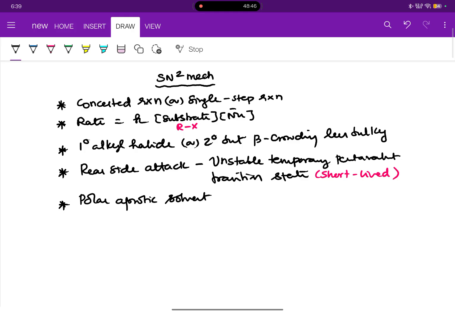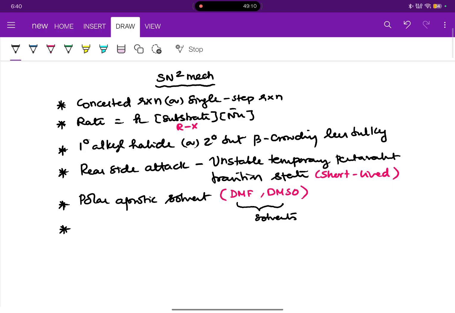For that you can use substances like DMF, dimethyl formamide, and DMSO, dimethyl sulfoxide. Not reagents, solvents. They are all polar aprotic in nature.